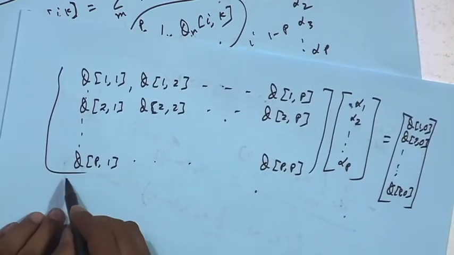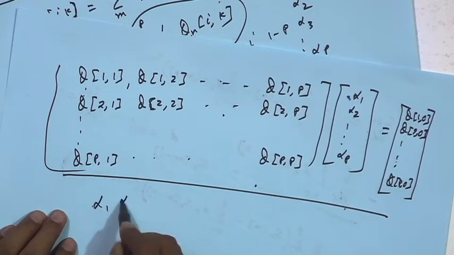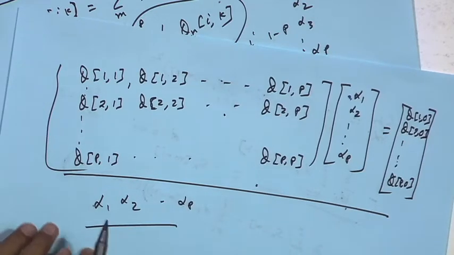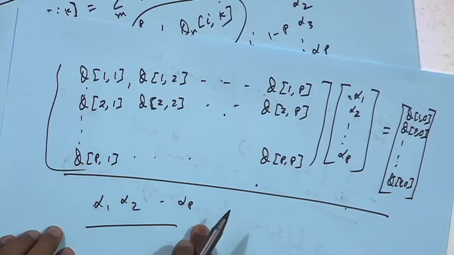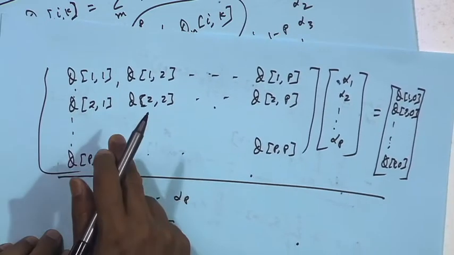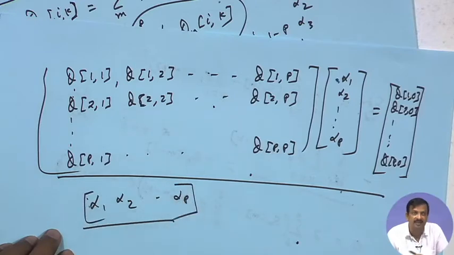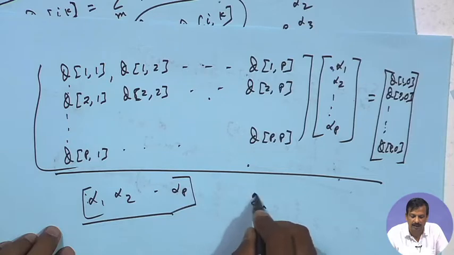Now, if I am able to solve this matrix, I can get the values of alpha 1, alpha 2 and alpha p. Once I get the values of alpha 1, alpha 2 and alpha p for which my error is minimum, then using this set of alpha values, I can correctly estimate the signal.